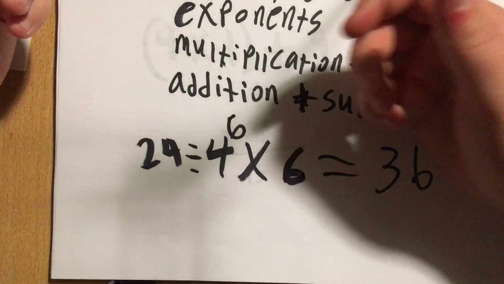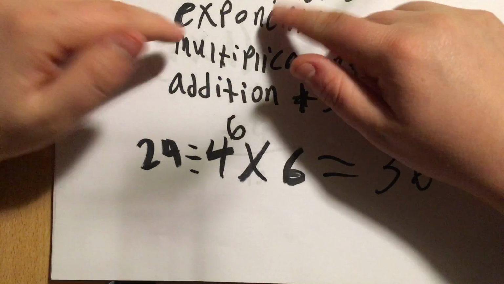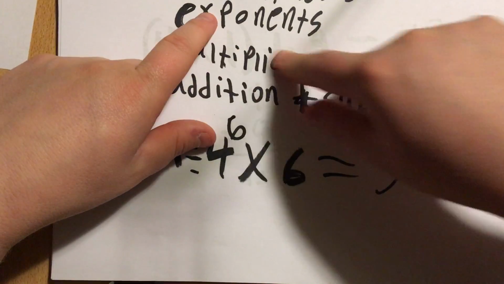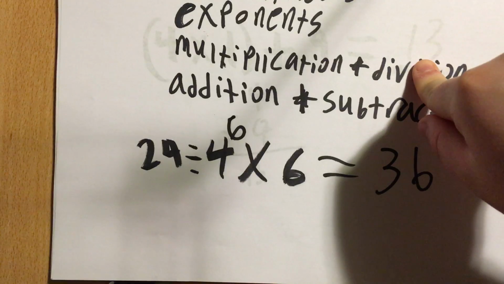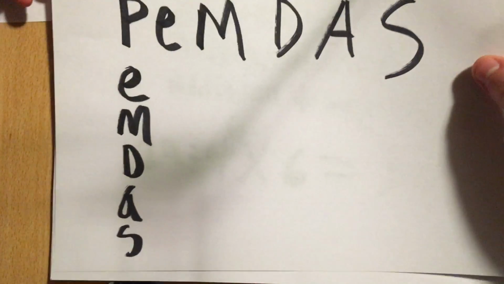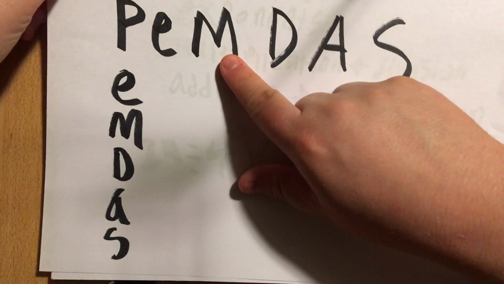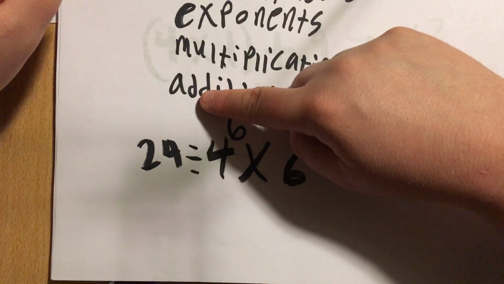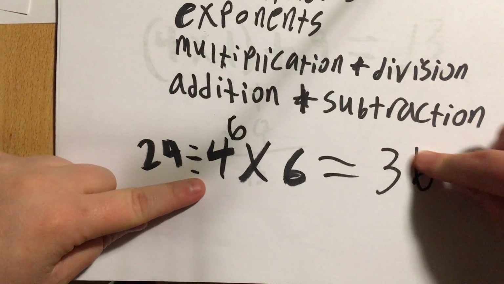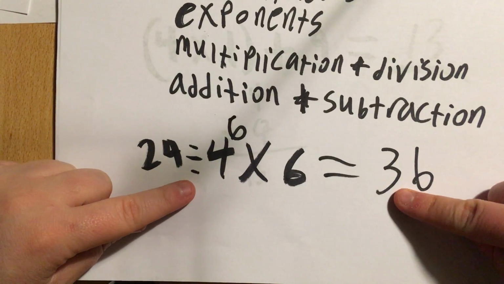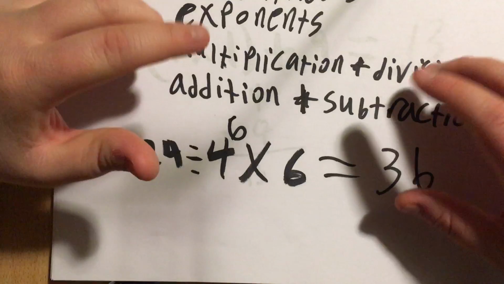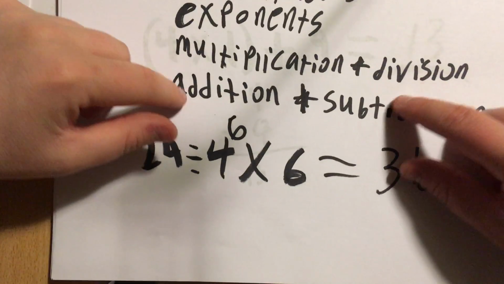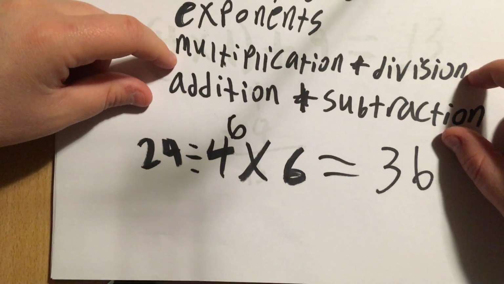Well, if we just do PEMDAS as written in a solid line, like here, it'd be multiplication before division. So let's go, 4 times 6 would be 24. 24 divided by 24 is 1. Well, that's not how we do things, actually, because multiplication and division are on the same level.